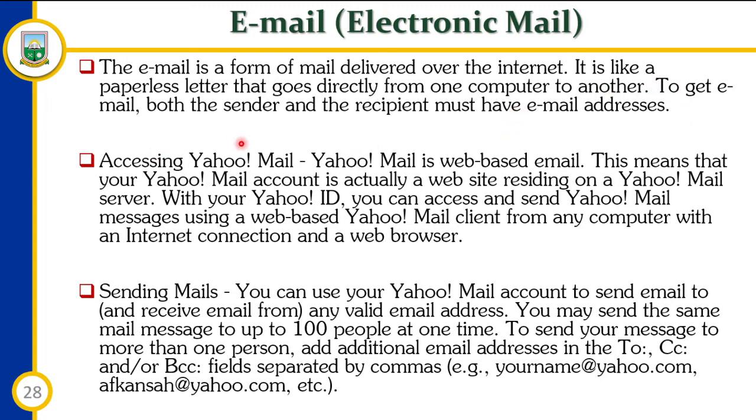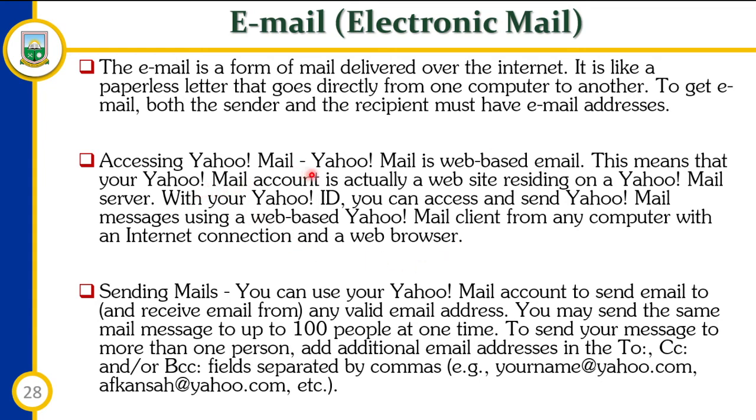So to get an email, both the sender and the recipient must have email addresses. In the same way, if you want to send a snail mail using the post office strategy, you have to find a way to know the address of the person who receives the package or the mail that you want to send to him or her. So for the electronic mail, you need to have the recipient's email address, and the person who is sending the mail should also have an email so that the recipient can reply to the mail.